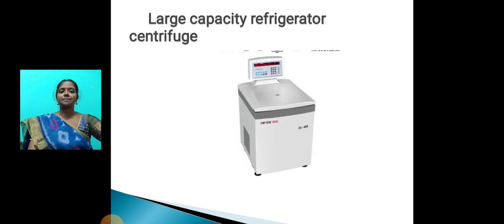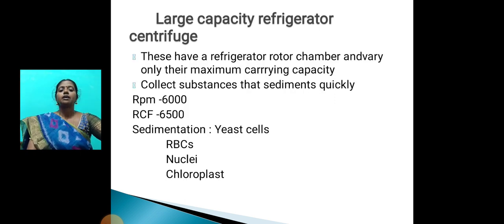And the large capacity refrigerator centrifuge. What is a refrigerator? Cooling. These have a refrigerated rotor chamber. In the rotor chamber there is refrigerated cooling, and they vary only in maximum carrying capacity.